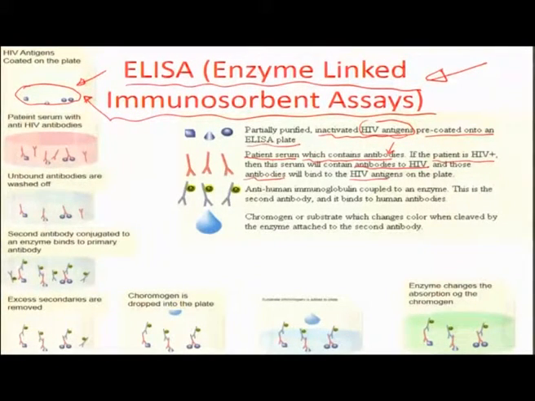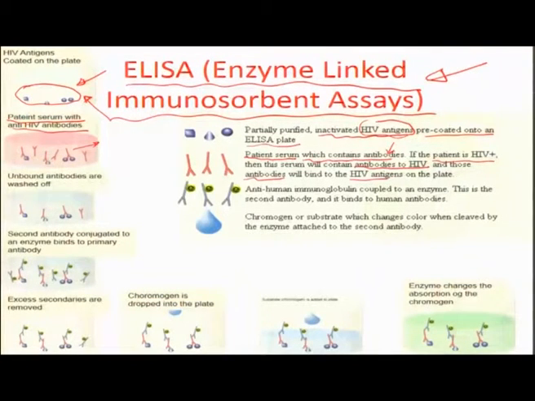So, we put the patient's blood serum, which contains these antibodies, and let us say he is infected. So, these antibodies have gone and started binding, and it binds with the anti-HIV antibody which is raised in the patient's blood.